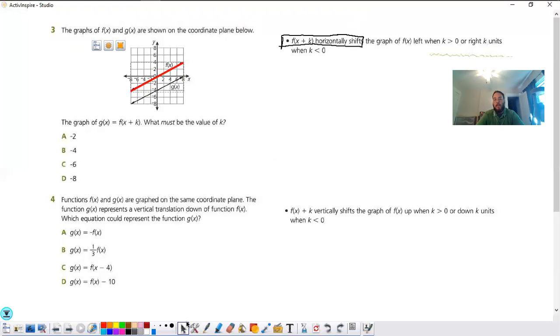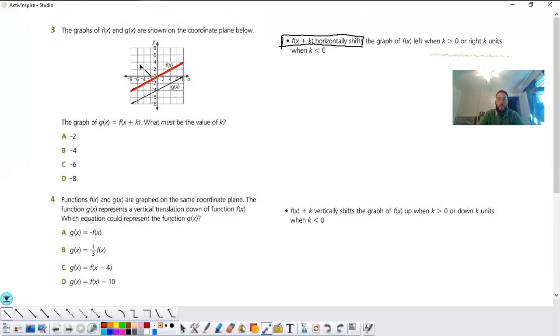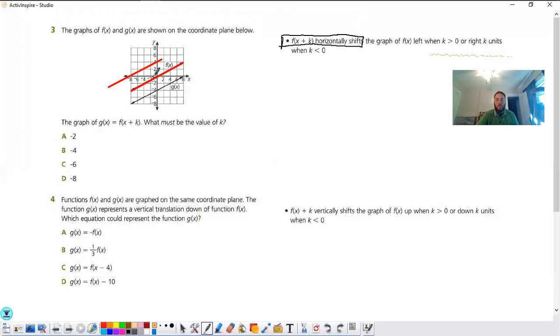If we shift it to the left, then this line is just going to move further this way, right? And it's going to be that same slope, but it's never going to go on top of this g of x. But if we shift this line to the right, to where our x-intercepts match, then they'll be on top of each other.